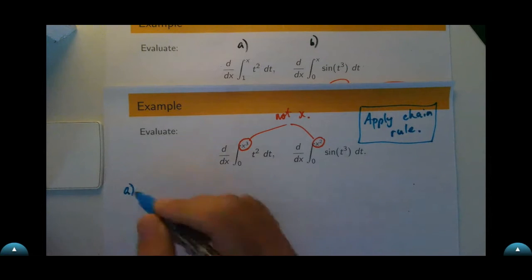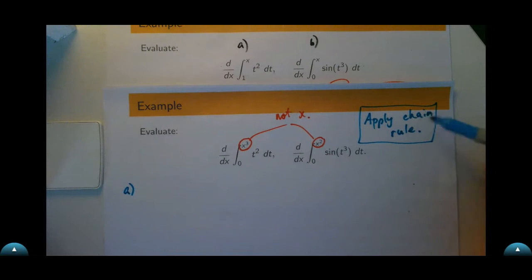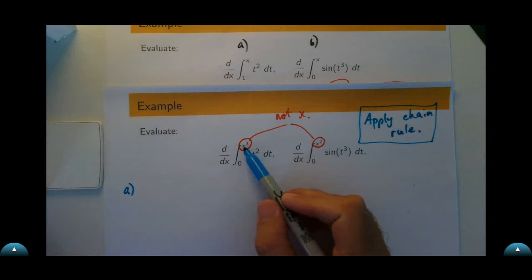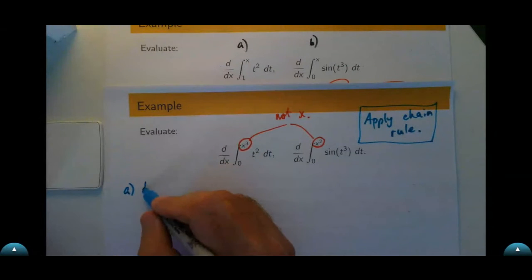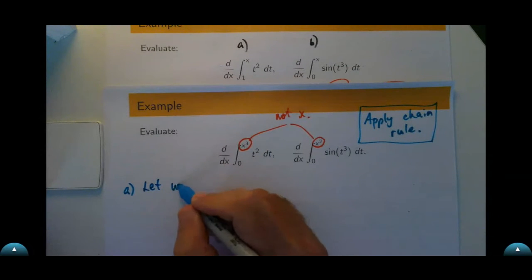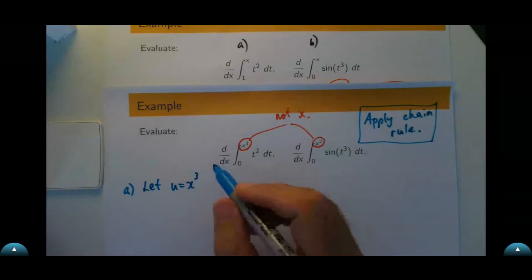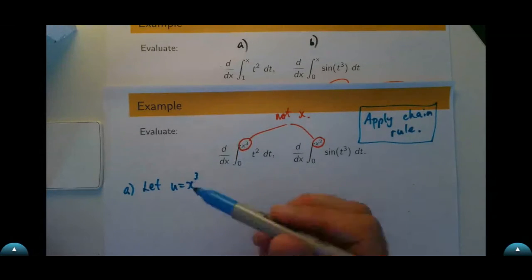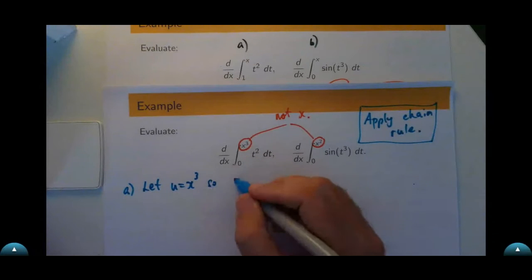Okay. So how do you do that? Well, remember the chain rule involves a substitution. So instead of x cubed there, I'm going to let u equal x cubed, right? So that's going to become u, and then I need a derivative.